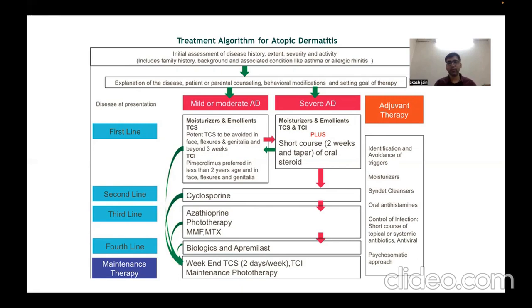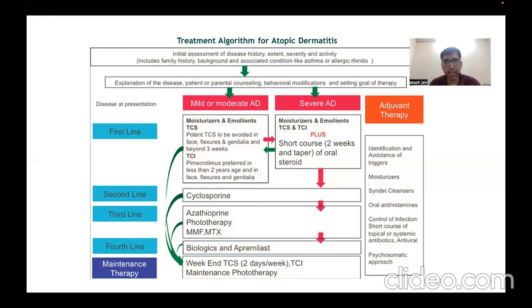These two are very important because the epidermal skin barrier is lost. So the emollients will help in recovering the normal skin. So the potent topical corticosteroids are to be avoided on the face, genitals, and flexures. And beyond 3 weeks, you have to give mild to moderate potent topical steroids.